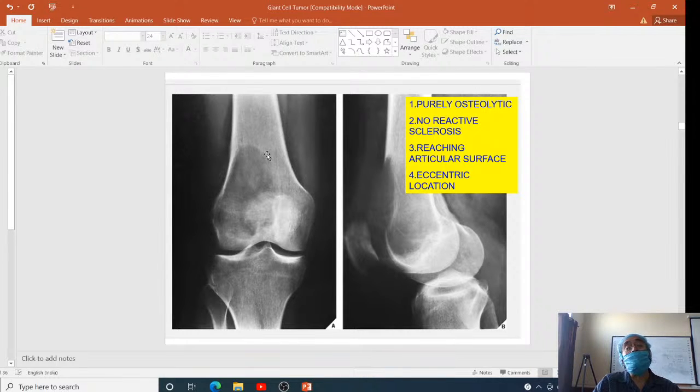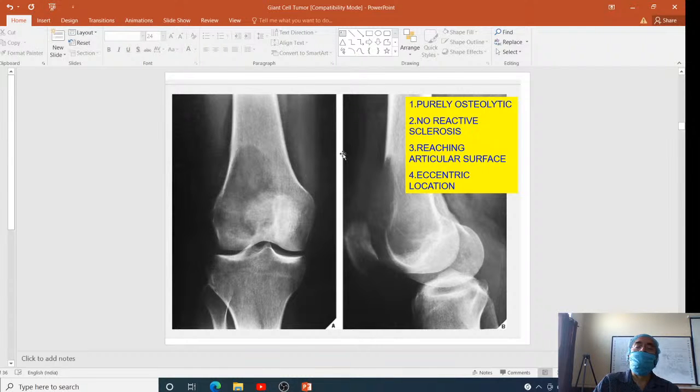There is some sclerosis, but there is no sclerosis here. It's only osteolysis. So this is all dark shadow. So osteolytic, no reactive sclerosis, and it reaches up to the articular surface. It comes and lies till the joint, but it usually won't break the epiphyseal plate and come into the joint.